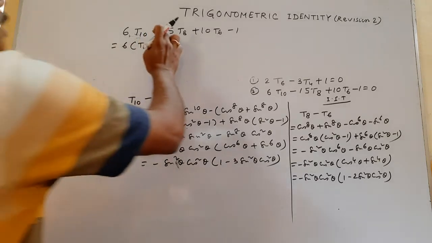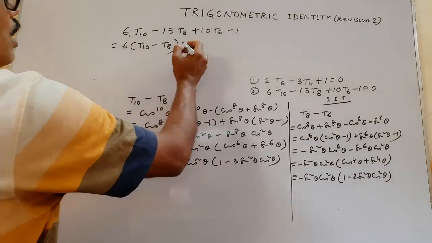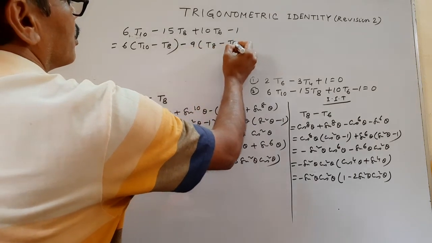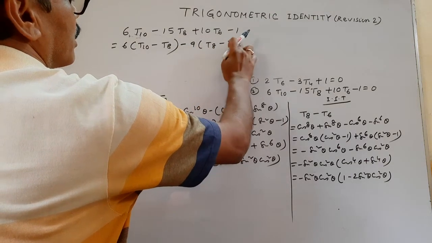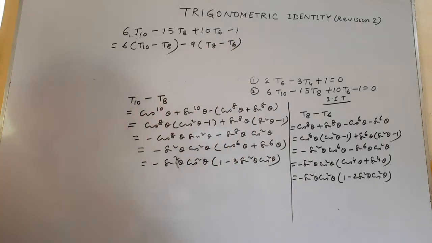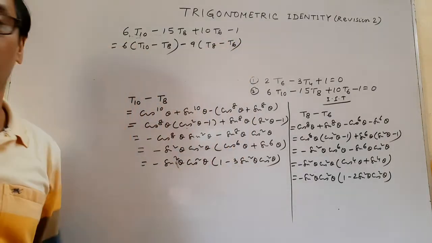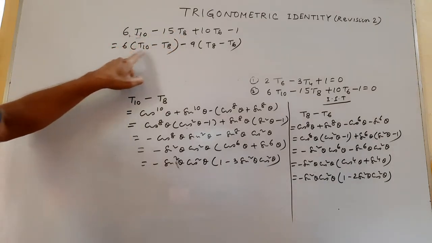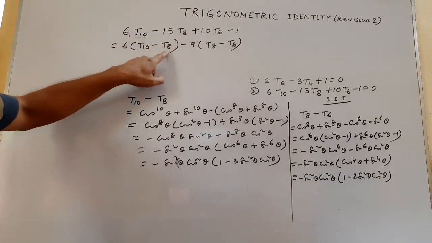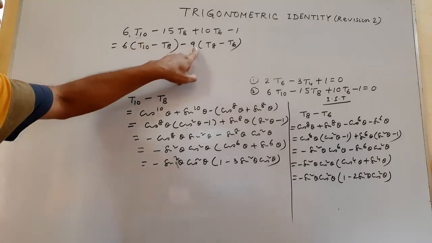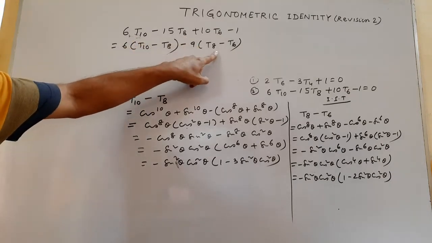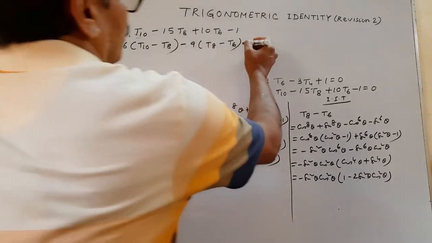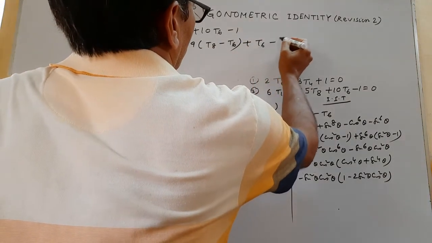Now it is 15, so this is minus 9 into T8 minus T6. So this step is important. T10 minus T8, 6. So 6 T8, and it is 15, so minus 9 T8. So 15 minus 9 is balance. Then minus T6, so plus 9 T6. This is T6 minus 1.